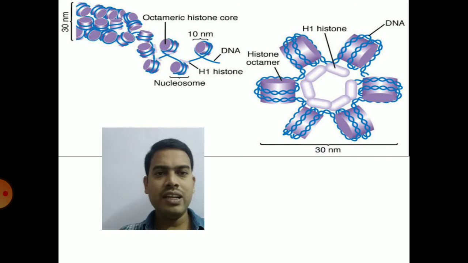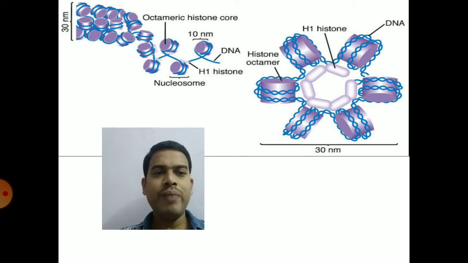A structure having 6 nucleosomes is called a solenoid model. You can see on the right top a 6 nucleosome structure, that is called a solenoid structure. 1, 2, 3, 4, 5, 6. You can see clearly the 6 nucleosomes arranged in the form of a 30 nanometer fiber structure.